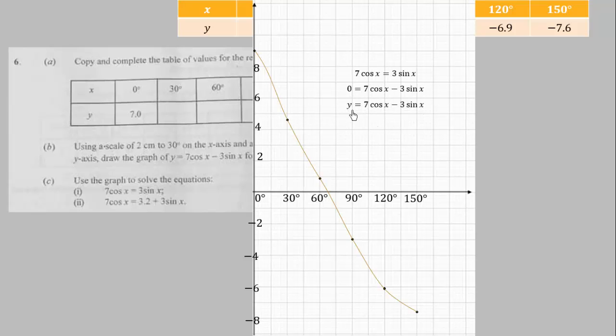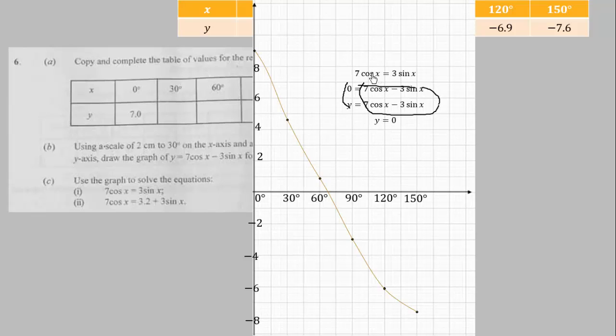Then we have y equals 7 cos x minus 3 sin x. We are comparing the equation given to us to the one whose graph we drew. When we compare them, we realize that the right-hand sides are the same, so the left-hand side must also be the same. Hence we must have y equal to 0.